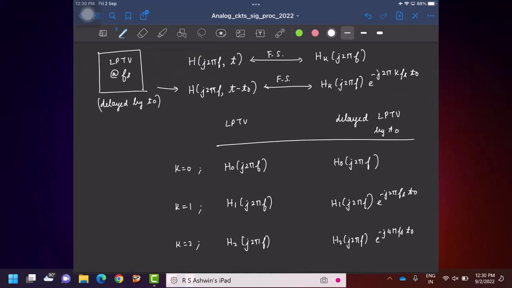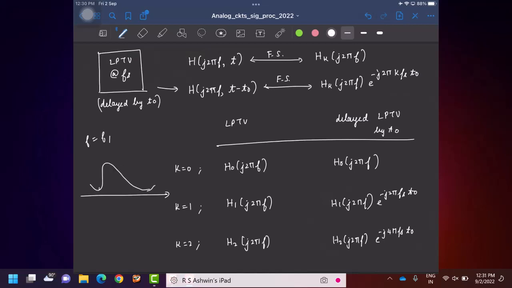So of course this phase shift also makes sense because say I plot h of j 2 pi f comma t for some frequency, say f equal to some f1. So versus time, say the response looks like this. Okay.